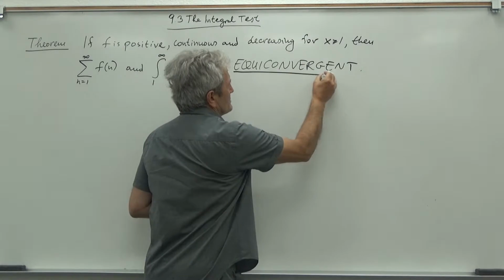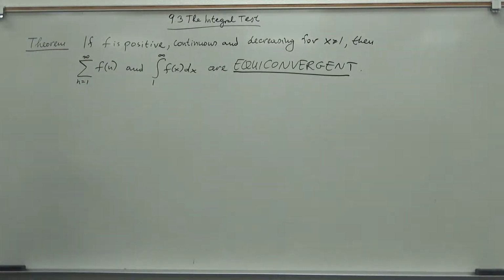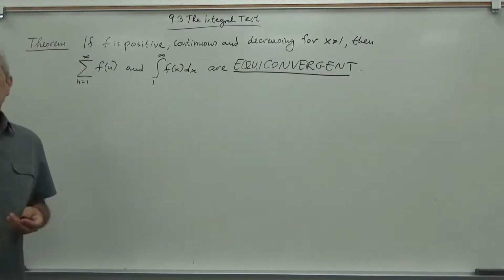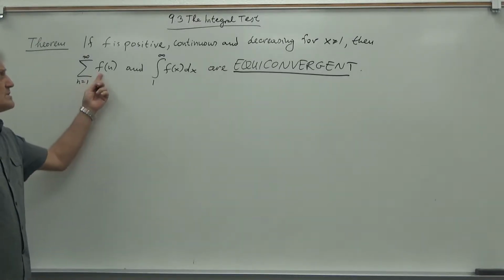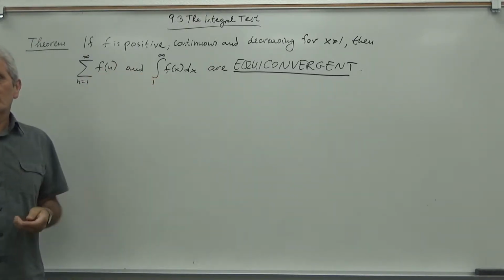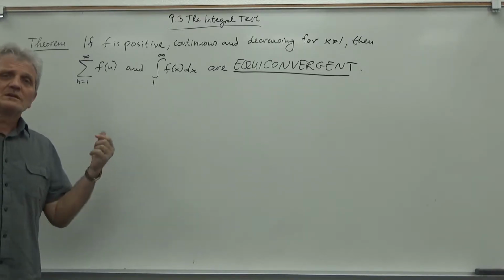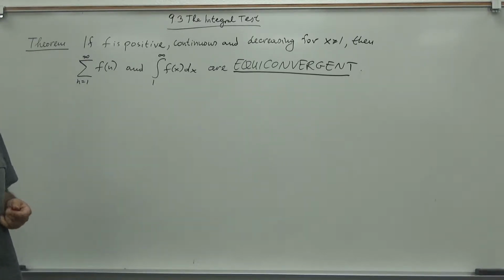What is the meaning of that word, equiconvergent? That means they have the same convergence behavior. If one of them converges, the other one converges as well. If one of them diverges, then the other one also diverges.